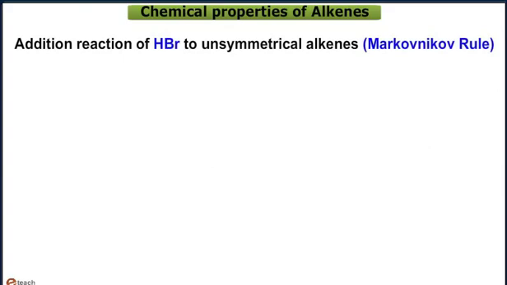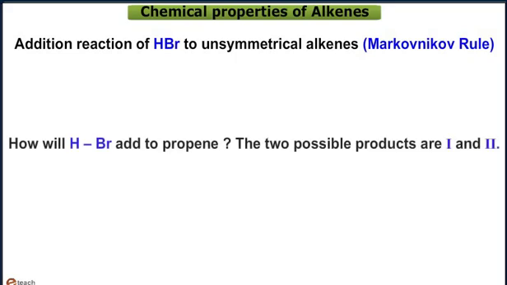Addition reaction of HBr to unsymmetrical alkenes, that is Markovnikov rule. How will HBr add to propene? The two possible products are 1 and 2.